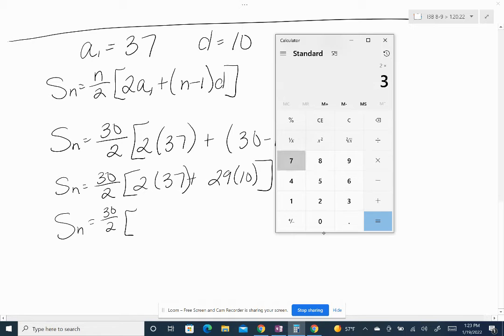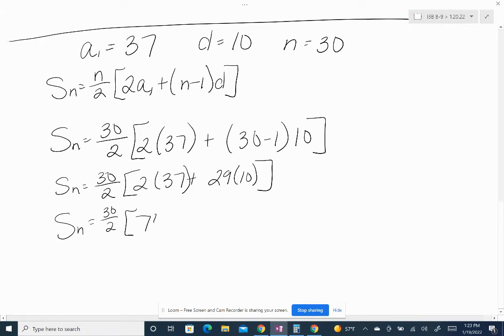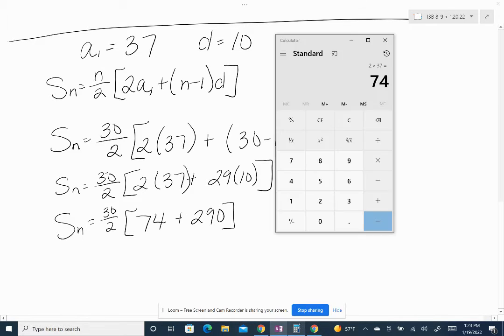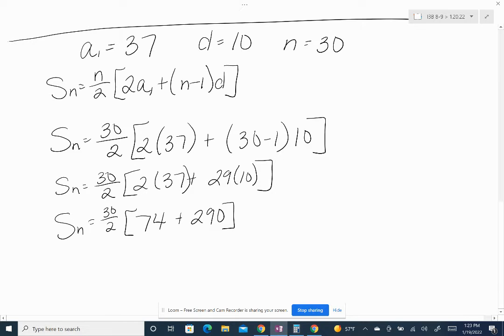2 times 37 is going to give me 74. And then 29 times 10 is 290. Since they're in the parentheses, I'll add them together. I get 364.